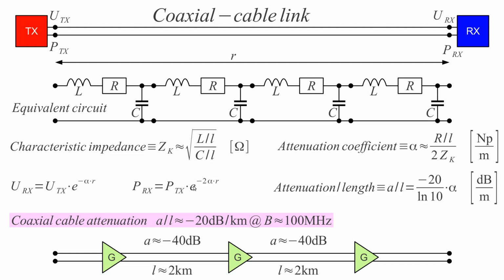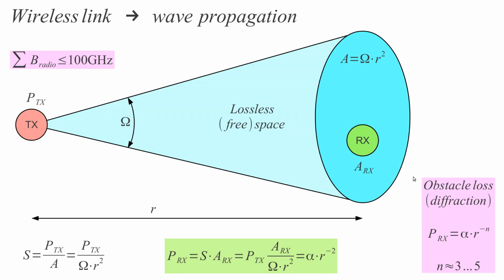Here we have e to the power, so we have some exponential decay of the received power. In free space communication, the received power does not have an exponential decay. It only has a decay that's inversely proportional to the square of the distance. So r to the minus 2 here.